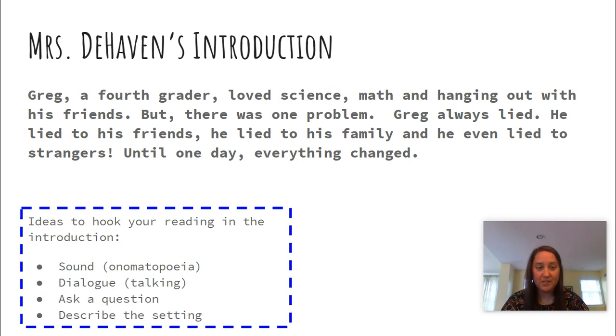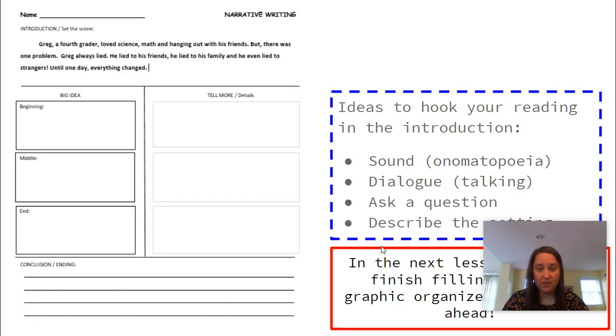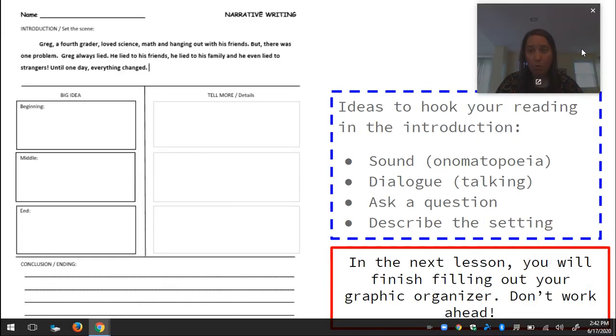So the goal of today is that you get your introduction to your story written. Only your introduction, okay? I showed you on this slide what mine looks like in the graphic organizer. If you downloaded the graphic organizer, you're welcome to type right in there like I did. You'll see mine there at the top.